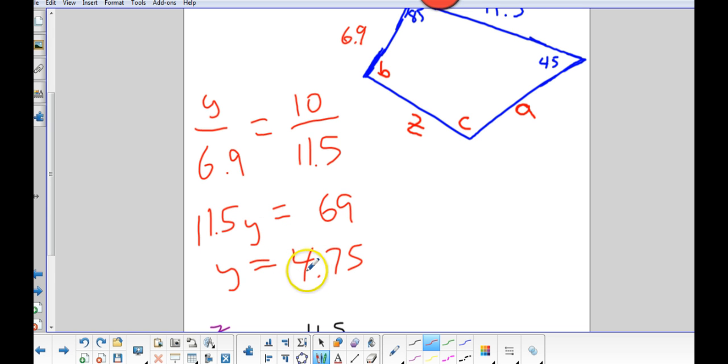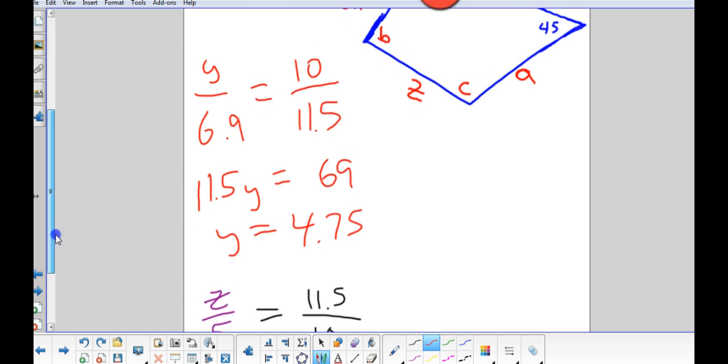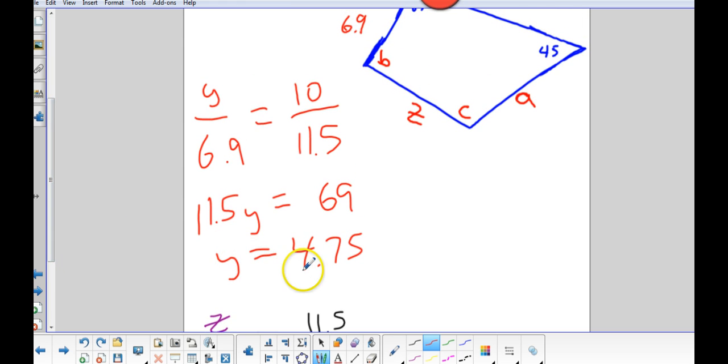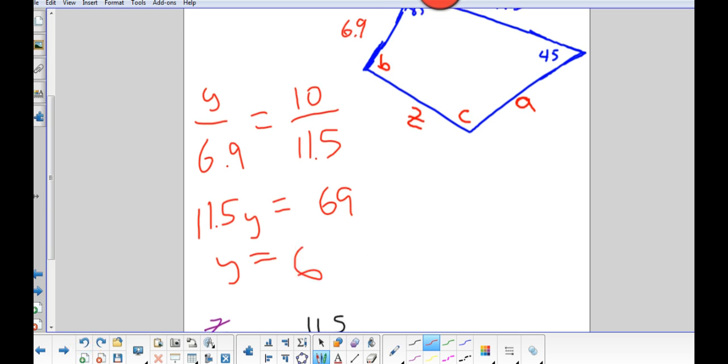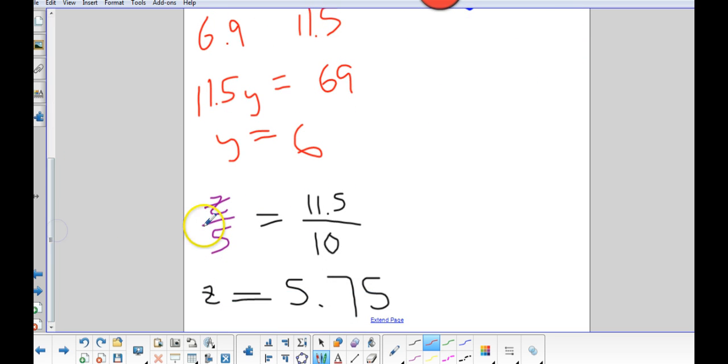I don't think this is going to be right, is it? Alright, let me fix that. I'll be right back. Alright, bam. Sorry about that. It should be 6. I had miswrote that. So it's important to make sure we have the right corresponding pieces. And for Z, 10Z would equal 57.5. So Z is equal to 5.75.